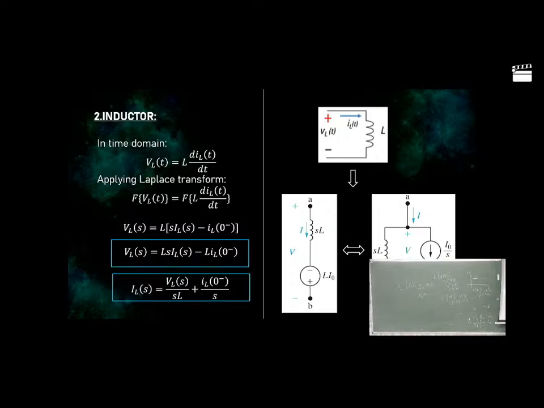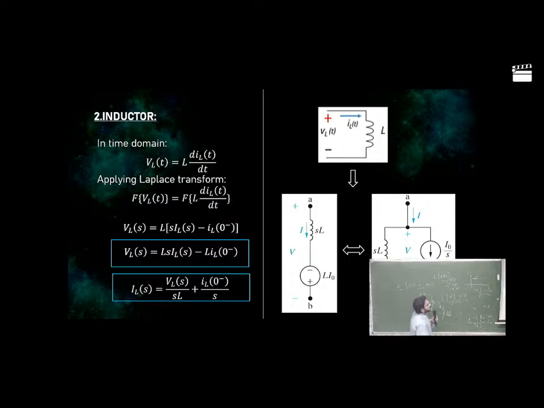Now comes the Laplace of an inductor. Here there are certain fundamental things which need to be explained. If you have an inductor L in the time domain, when you convert into the frequency domain, the inductor becomes sL. You multiply it by s.